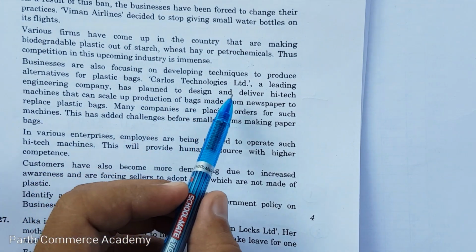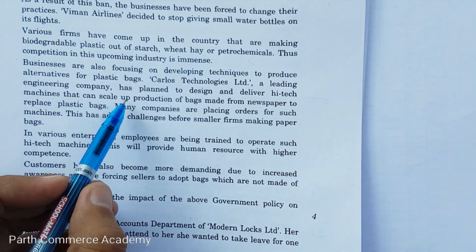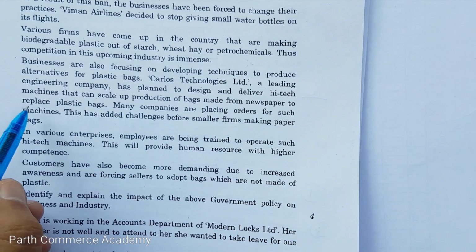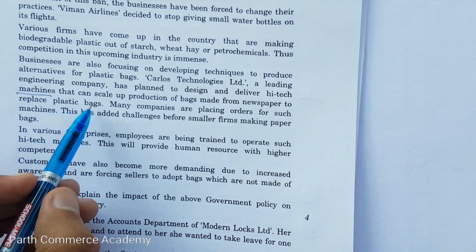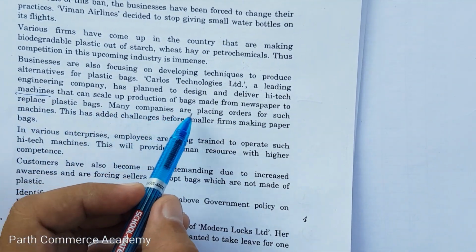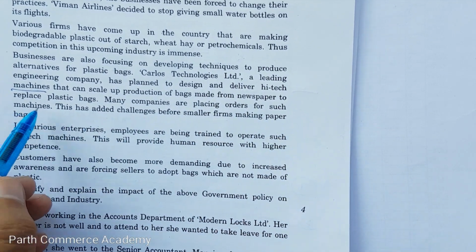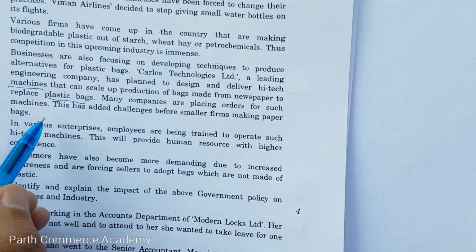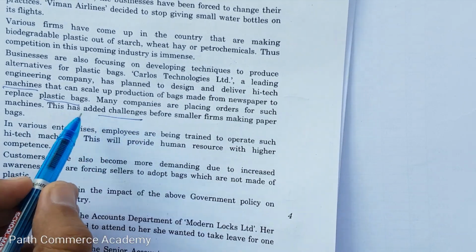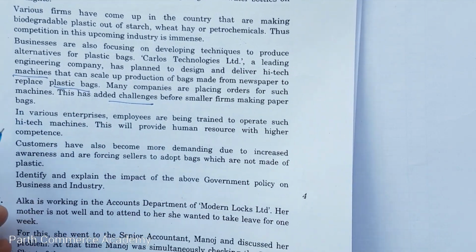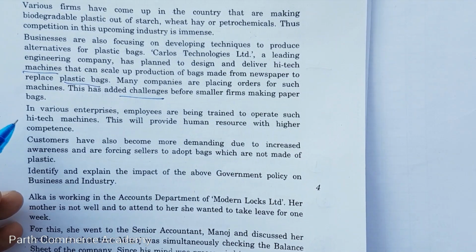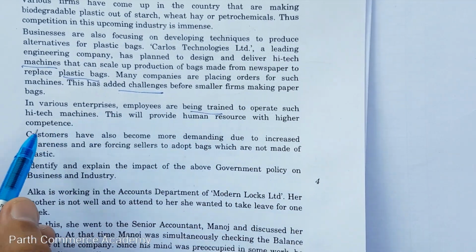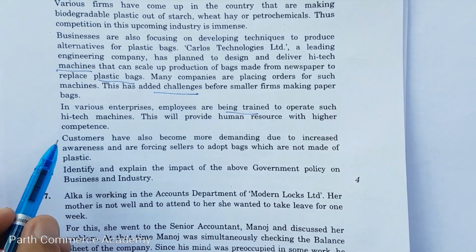Carlos Technologies Limited, a leading engineering company, plans to design and deliver high-tech machines that can scale up production of bags made from newspaper to replace plastic bags. Many companies are placing orders for such machines. This adds challenges before the smaller firms making paper bags. In various enterprises, employees are being trained to operate such high-tech machines.